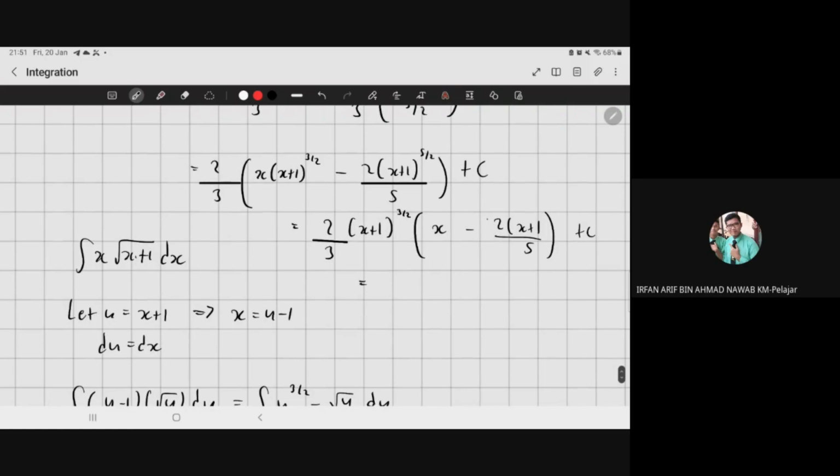And then I will get 2 over 3. 5x minus 3 is 3x plus 1 over 5. Okay, so I did this correctly.